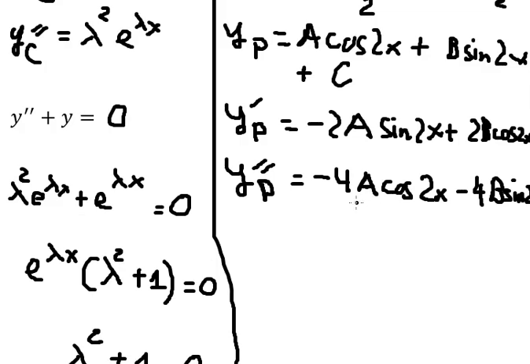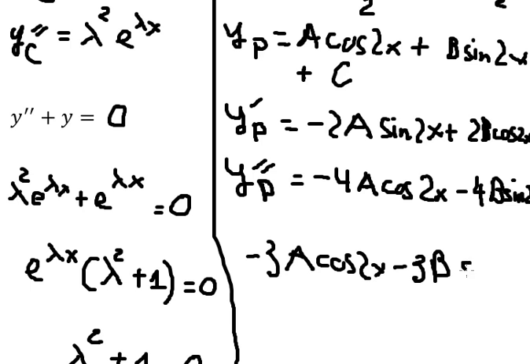So if we simplify, we have negative 4a plus a, which is negative 3a here. Negative 4b plus b, we have negative 3b here. And the next one we have c.